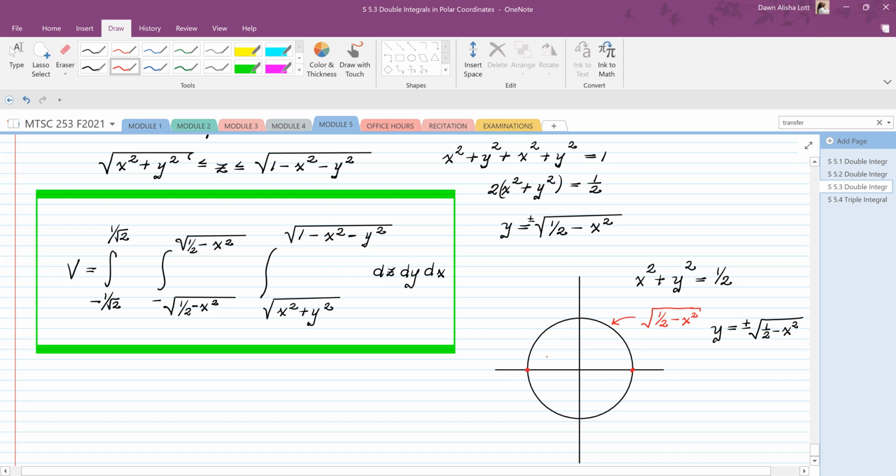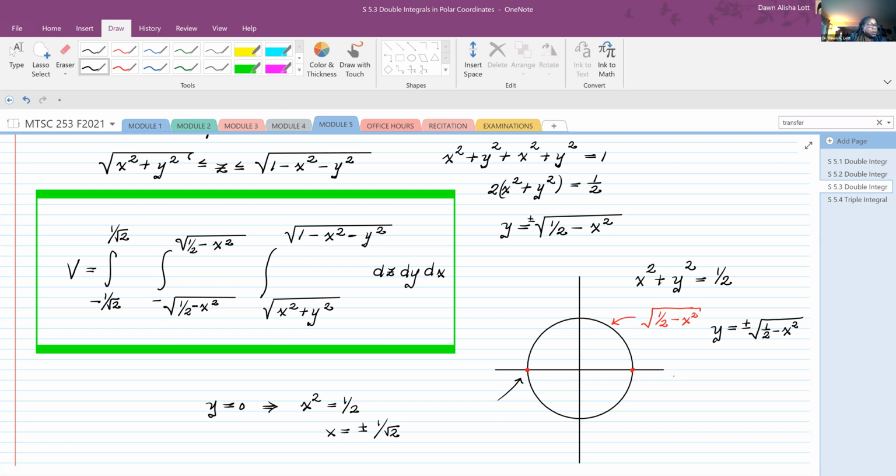So when y is 0, on the circle you get x squared is equal to a half. Oh, okay. Thank you. That makes more sense. Yep. Good question.